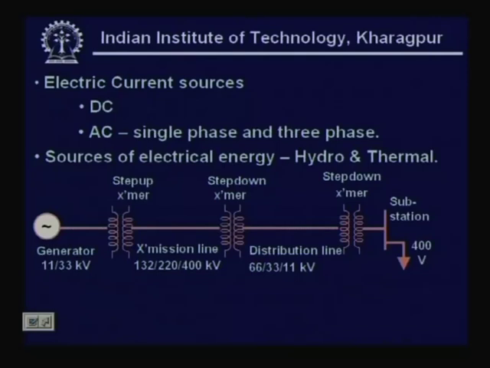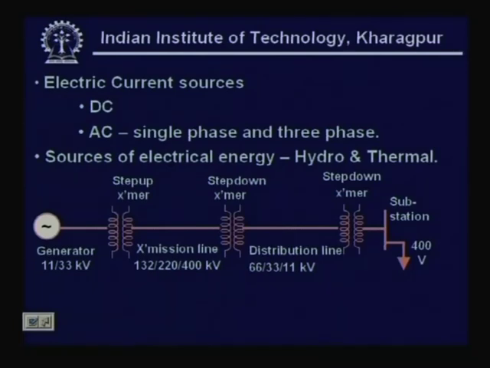One could see a generator which could be generating at 11 kV or 33 kV, which is stepped up, and a transmission line maybe at 132, 220 or 400 kV transmits, which is stepped down for a distribution line which could be distributing at 66, 33 or 11 kV, and which is further stepped down and through a substation supplies the loads at 400 volts. We will look into what this connotes.